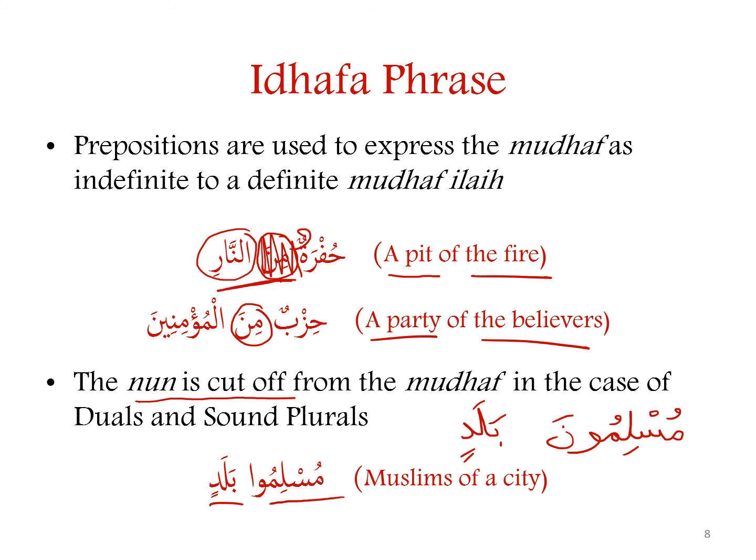Now when I put them together, I have to drop off this noon and then put them together. And I put a little alif here when I drop off the noon and leave a waw like that. So it becomes Muslimu baladin. Or I could have said, for example, Muslimu, and then I could make this definite.